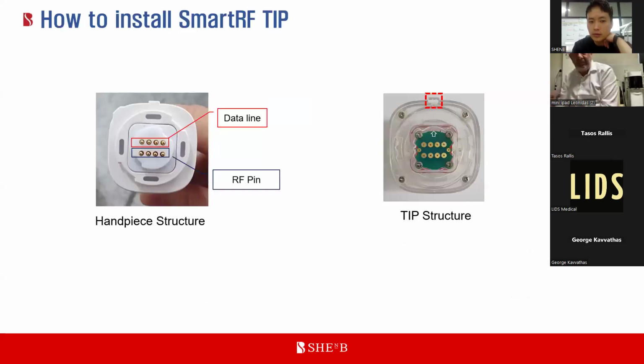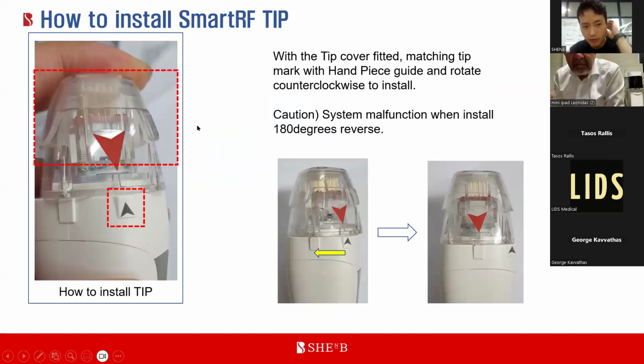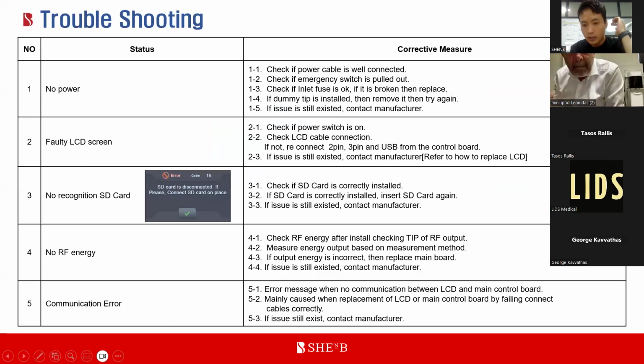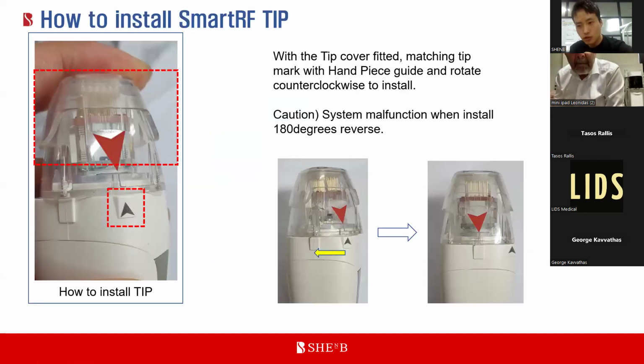This is very, very important. As I have told you, the virtual RF tip has a tip cover. So we always have to place the cover on top of the tip while we attach it to the handpiece. Otherwise, the structure itself is a little bit different than Vivace, so the needles will pop out if we don't put on the cover.